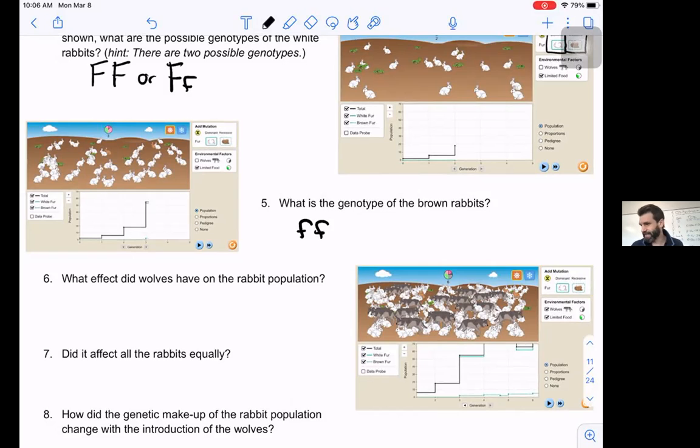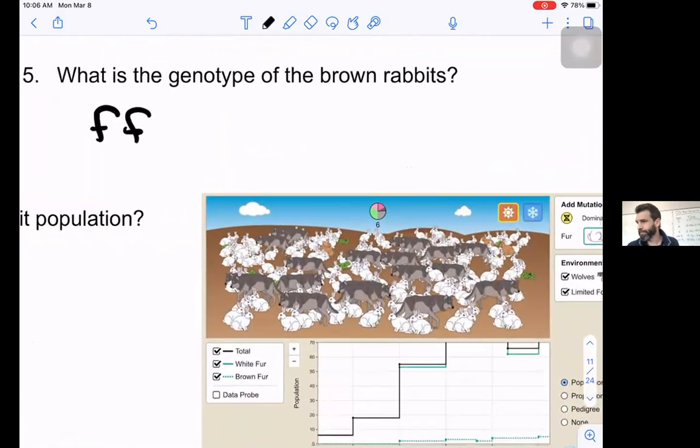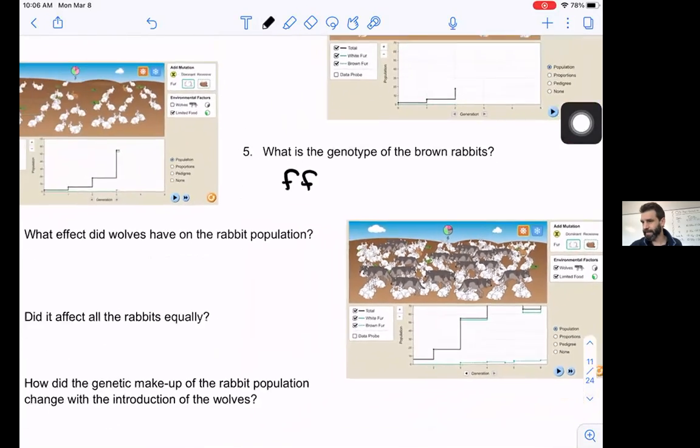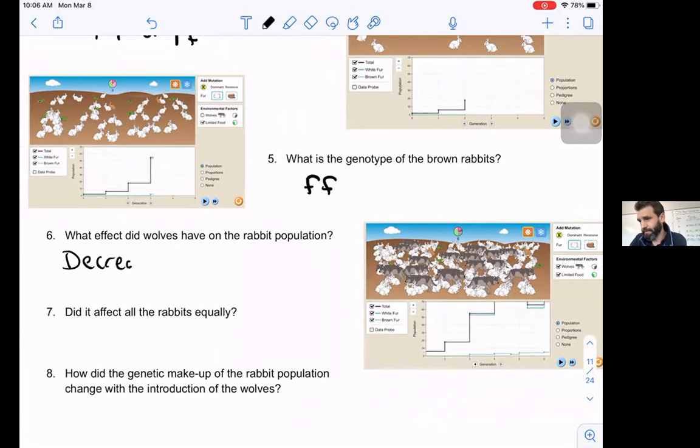The idea of this simulation is that we're assuming that wolves are hunting by sight, and against this brownish background, the white rabbits are much easier to see, and thus the wolves go after them much more quickly than the brown rabbits, which blend into the background. What effect did wolves have on the rabbit population? It decreased the population.